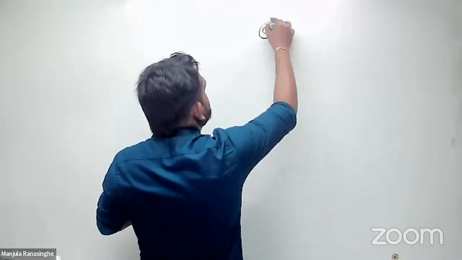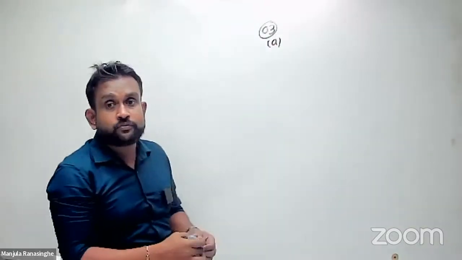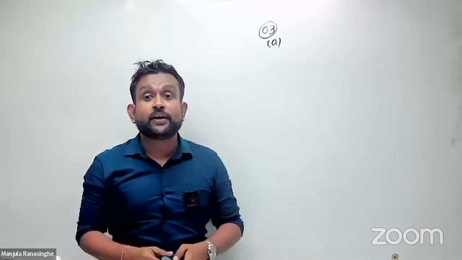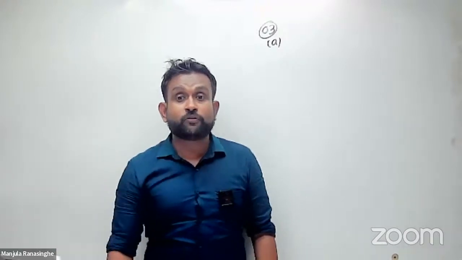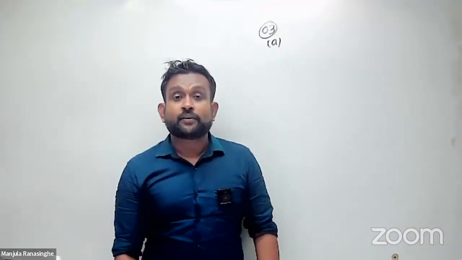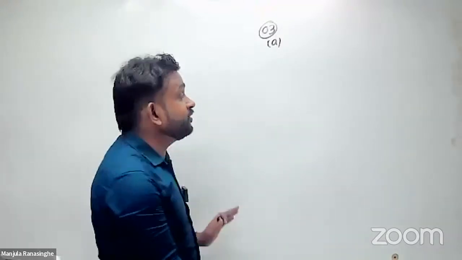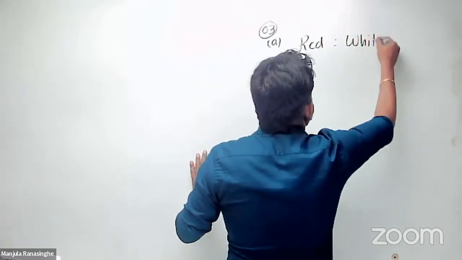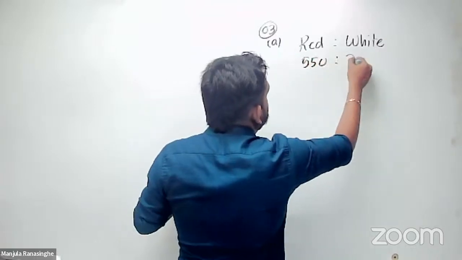Right, question number 3, part A. A flower seller sold 550 white lotus and 300 red lotus in a day. Express the ratio of the number of white lotus to red lotus sold in simplest form. The ratio is 550 to 300.